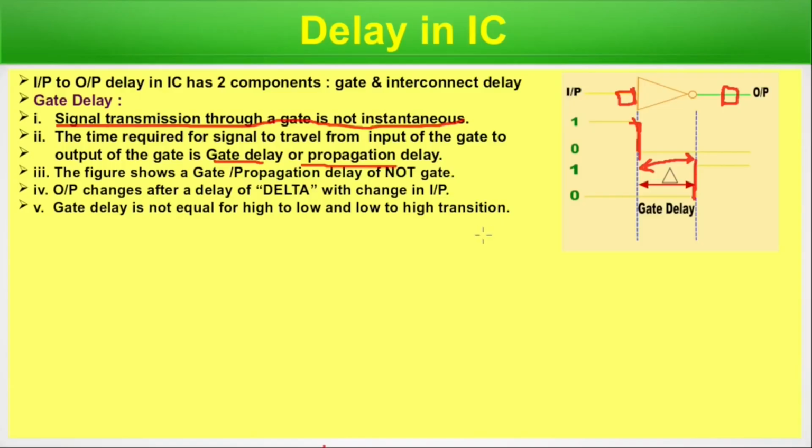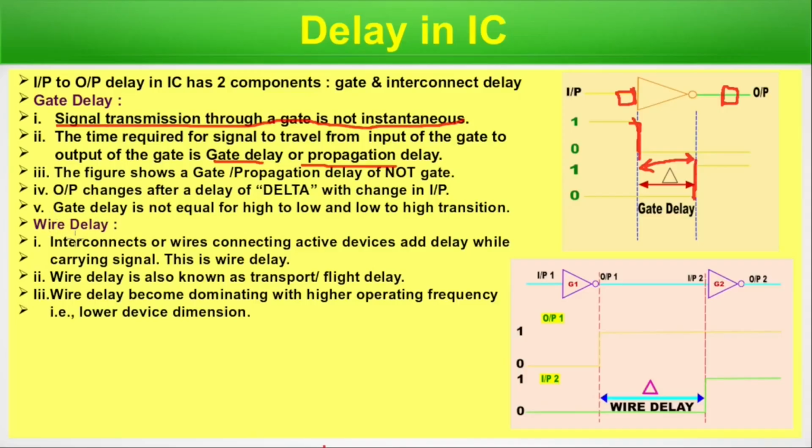Now, let's move to wire delay. Interconnects or wires connecting active devices add delay while carrying signal. So between two gates, there is gate 1 and gate 2, connected by wire. When a signal is applied here, we get the desired output, but it will not reach from this point to that point instantaneously.